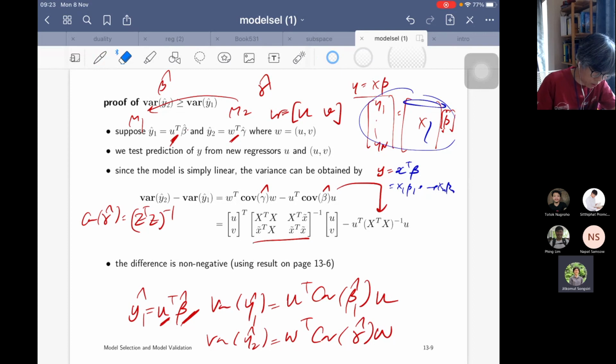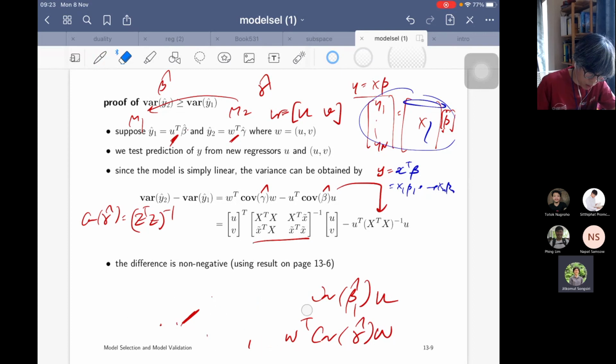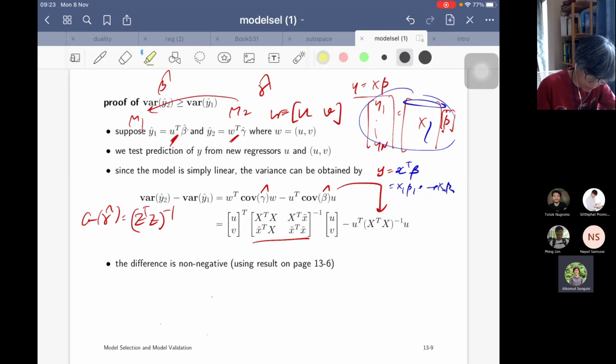Again, it looks like a very similar form to the result on the inverse of block matrices. This is a quadratic form subtracted by a quadratic form in U, and the matrix that parameterizes it is actually the 1-1 block of this bigger matrix.